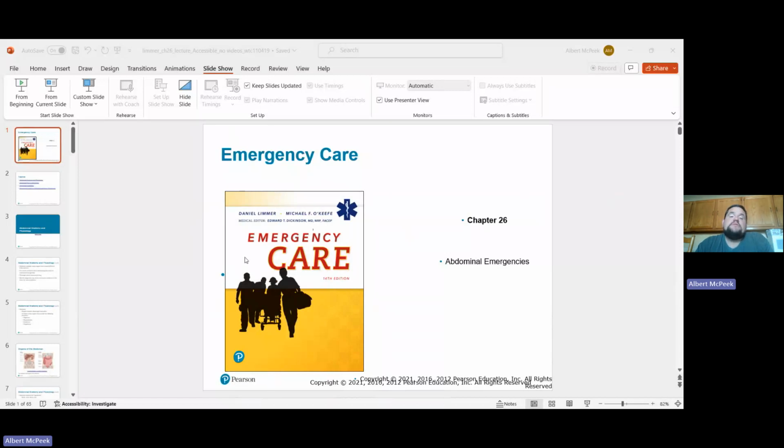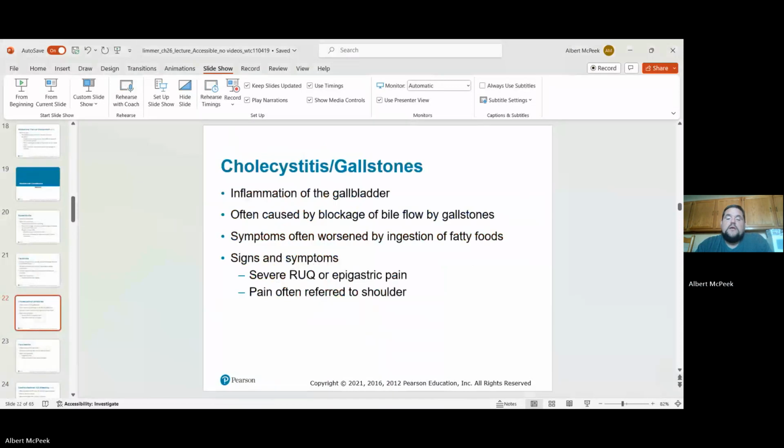Irritation often causes involuntary contraction of the abdominal muscles. Signs and symptoms of that include abdominal pain and rigidity. Sometimes these people will draw their knees up to reduce some of that pain and discomfort.